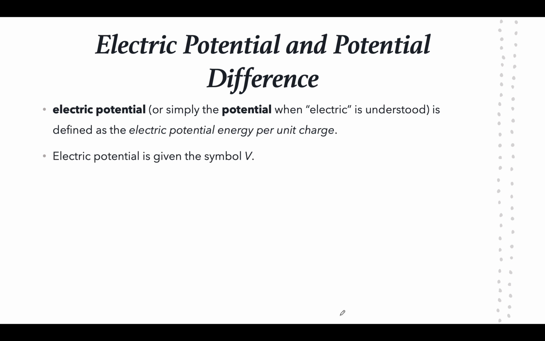So simply said, electric potential V is equal to potential energy per unit charge. So this is going to be equal to K Q Q over R over Q, which is equal to K Q over R.